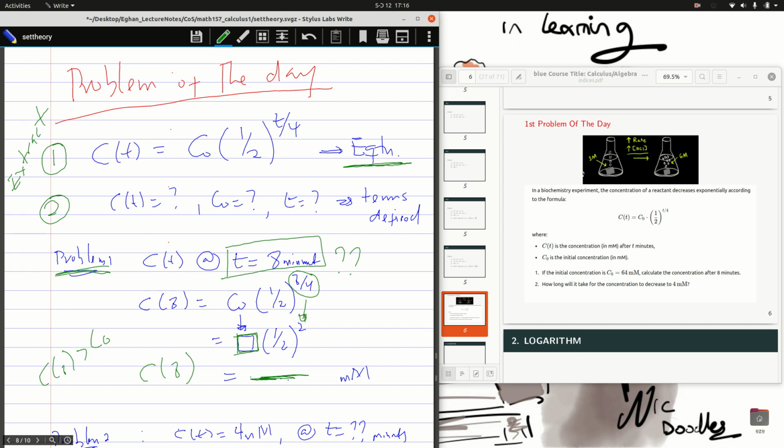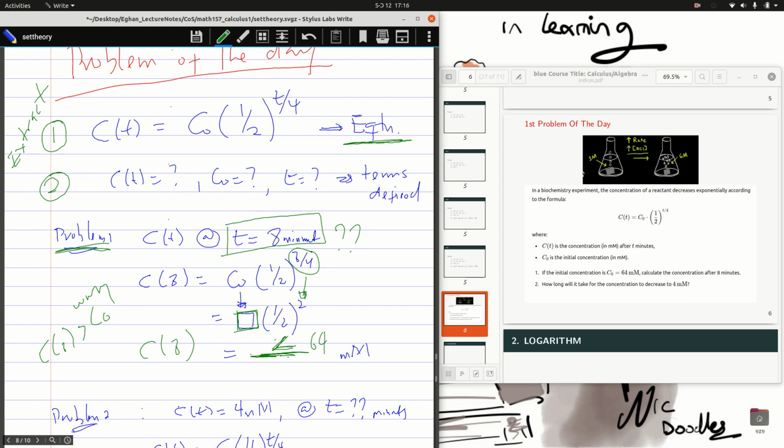It says it's decreasing. It means after some minutes there should be a decay. And so that is what we expect. I expect something less than C0, which is 64. My C8 should be less than, I think I wrote greater than here. Okay, so if it's greater than, then it is wrong. So I expect this to be less than 64. Please give me your answer in the comment section.